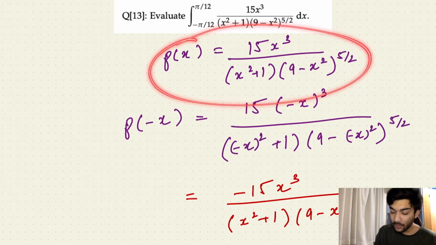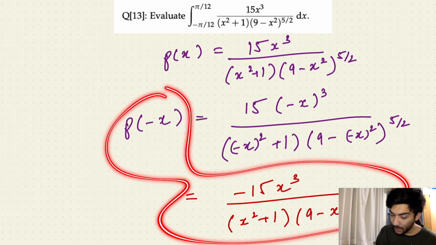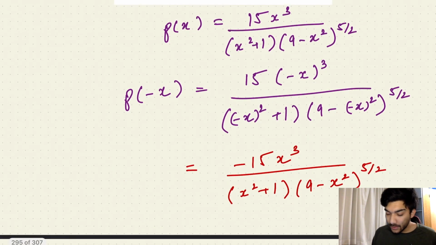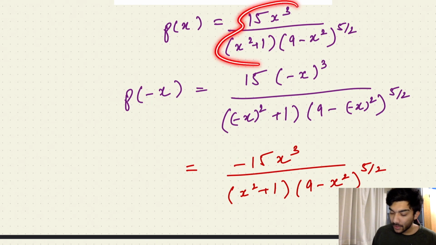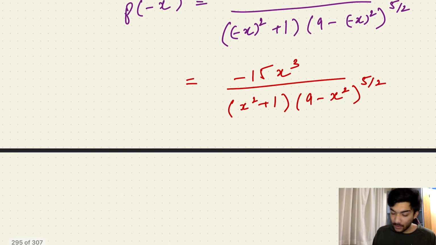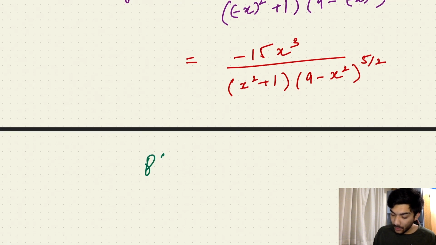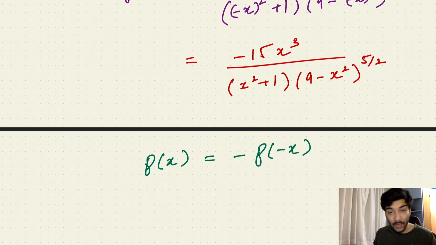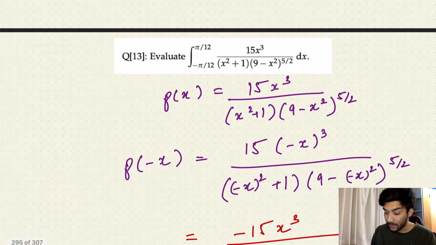And if you clearly notice f(x) and f of minus x, you'll see that the only difference is the minus sign, right? The rest of the function is completely the same. So you see one interesting observation: f(x) is equal to minus f of minus x, which is the property of an odd function, right?